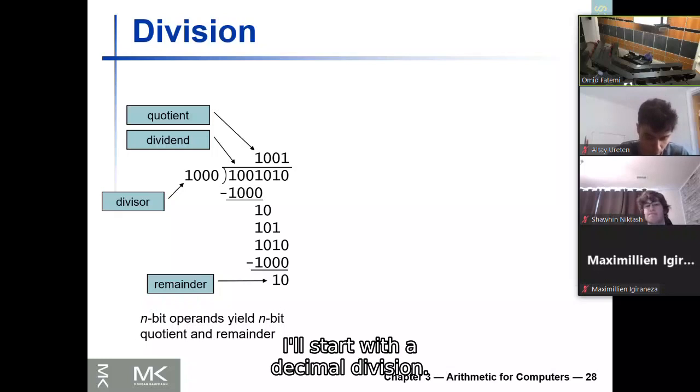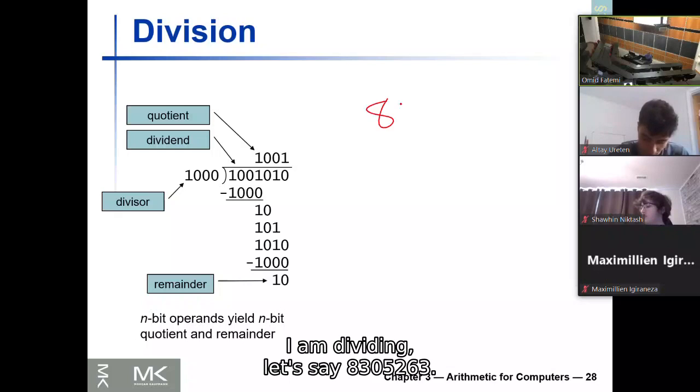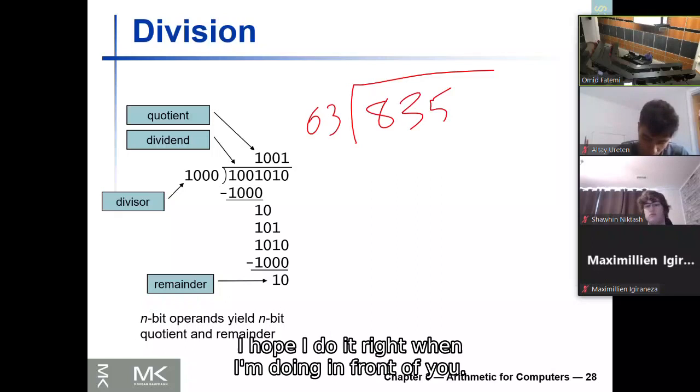I start with a decimal division. So I am dividing, let's say, 835 by 63. I hope I do it right. It's hard when I'm doing it in front of you.